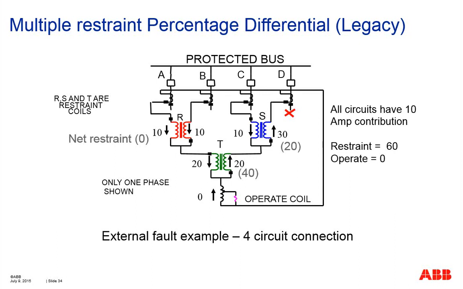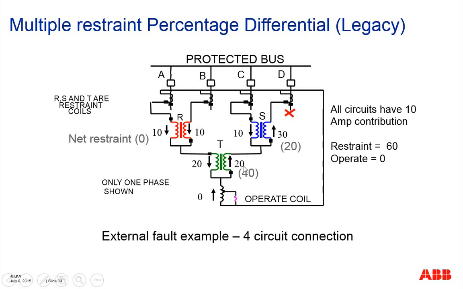As you can see here, this is an exemplary schematic that shows how the restraint feature works. Let's say this is the external fault right here, and you see the current from the CT go through here, and the restraint is calculated from the current through the windings.